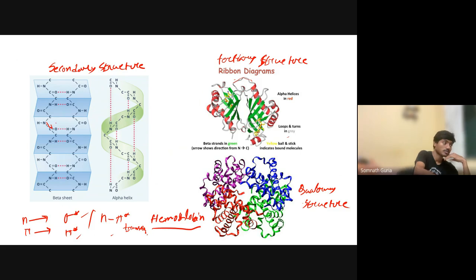But if you check the alpha helix, let's suppose this is the amino acid number, this is 1, this will be 2 and 3, this will be 4, 5, 6, 7.